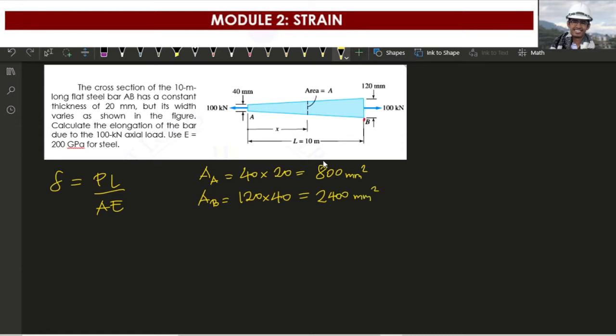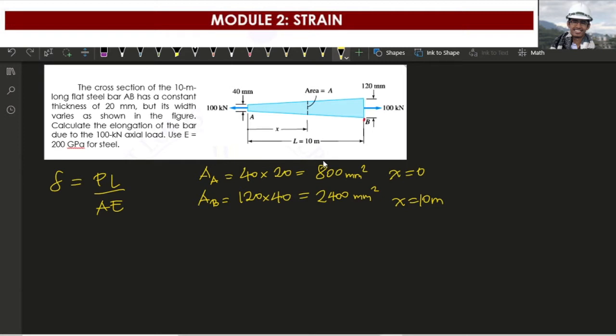Okay? So, kung makikita nyo yung length at area A, so at x is equal to 0, yung area natin is 800 mm squared. And at x is equal to 10 meters. So yung whole na 10 meters ng bar. So at x is equal to 10 meters, yung area natin, yung cross-sectional area niya will be 2,400 mm squared.